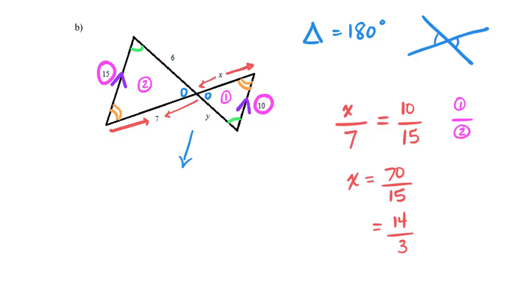So I can put my corresponding sides on top and my corresponding sides on bottom. What do I mean by that? Well, I could set it up this way, that x has to change to the number of 7. My x on triangle 1 has to change to 7 on triangle 2. And it has to change the same way as my 10 on triangle 1 equals my 15 on triangle 2. What I've done instead is I've said my first fraction must be all triangle 1 and my second fraction must be all triangle 2.